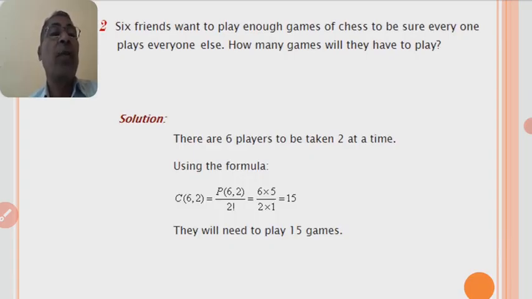Using the formula of combination, we can choose 2 players from the 6, equal to combinations of 2 students from 6 upon 2 factorial. It is written as 6 into 5 upon 2 into 1, that is equal to 15. They will need to play 15 games.